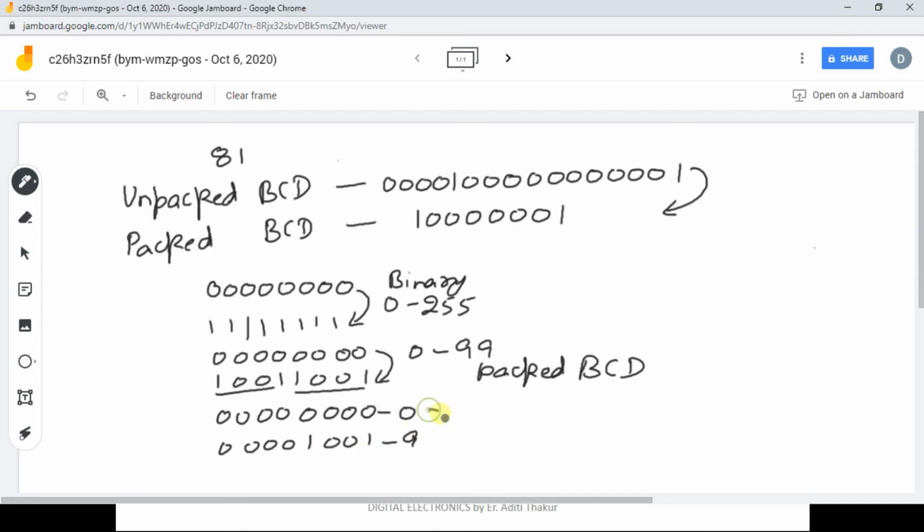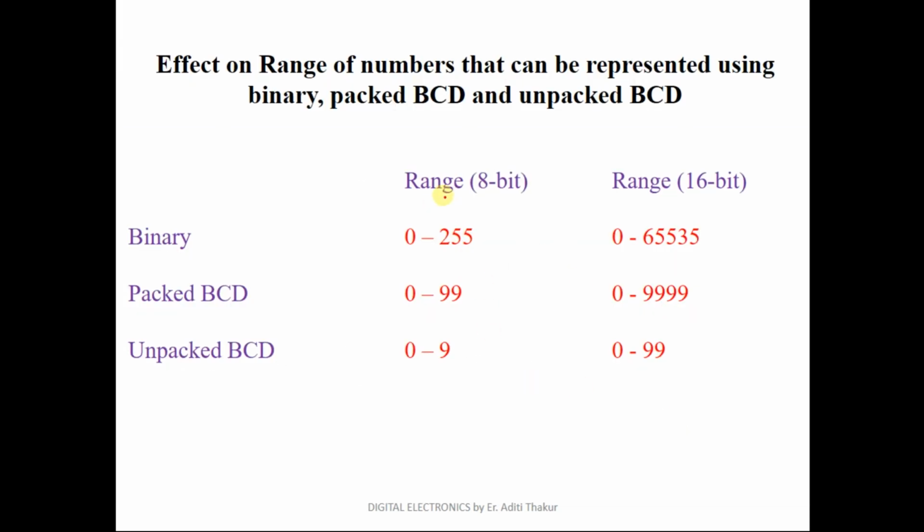So the range is from 0 to 9 for unpacked BCD. Here I have taken the 8-bit number as a smaller example to understand easily. Similarly, the same format will be followed for the 16-bit number. It will have a range for a binary number of 0 to 65535, for packed BCD it is from 0 to 9999, and for unpacked BCD it is from 0 to 99.